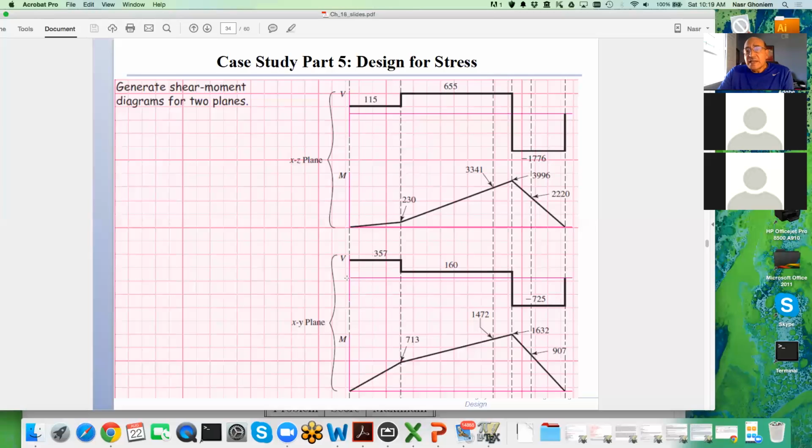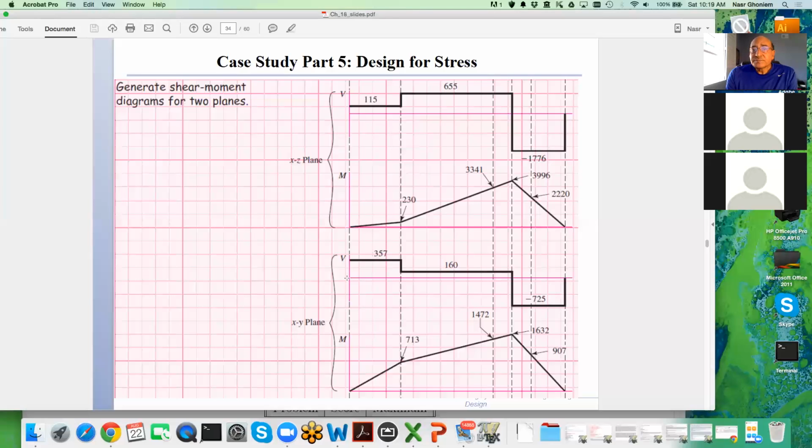Now the point is that when we do the analysis for stresses, we don't care about the independent individual components. We want to find the resultants for everything. The resultant for torque is the same torque.